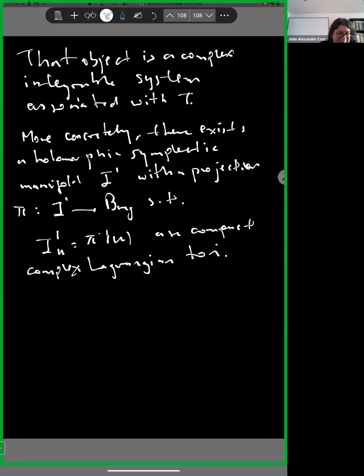You have these fibrations, all right? So this will be the Hitchin fibration. Okay, so that's for the four-dimensional theory, right?